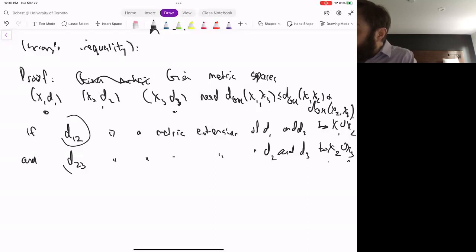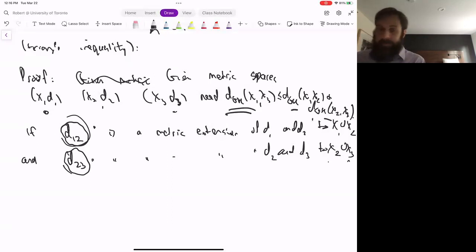That's what I'm trying to show. And so this distance is defined as an infimum over things like this, and this distance is defined as an infimum over things like this. And so if I can show that for any fixed extensions that contribute to these infima, I get an upper bound on this, I'll be done.